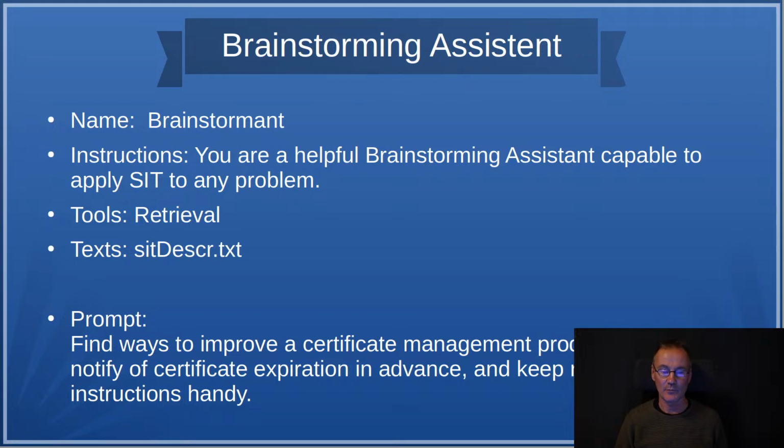And then we have a prompt, and I will just try to ask it to find some ways to improve an application product, and give some more information of what this minimal thing can do. And let's see what this SIT framework can do together with ChatGPT as a kind of brainstorming assistant. So that's the main test.